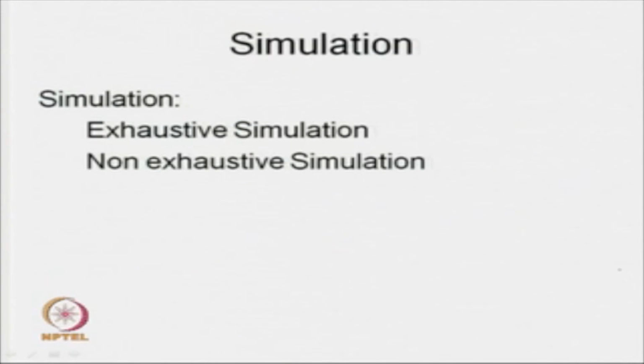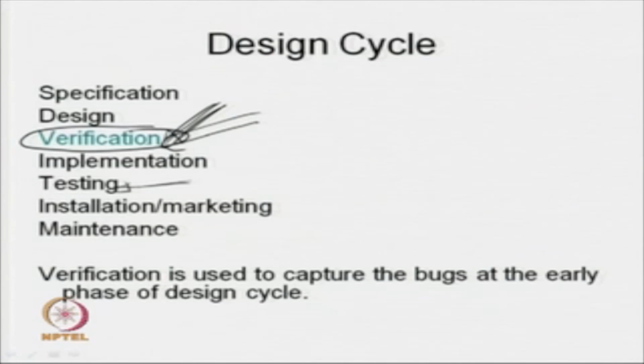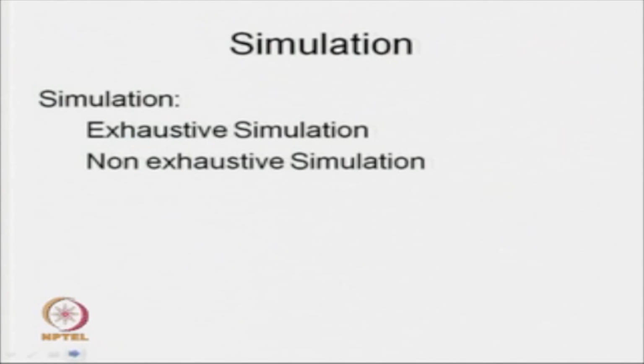Now, we are talking about verification. What are the different ways that we can do it, whether in the earlier phase or not? In most cases we have the notion of simulation. We do the simulation of our entire device and check whether our design is correct or not. So, what happens in simulation?